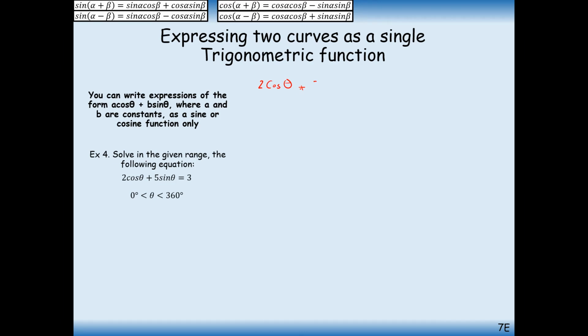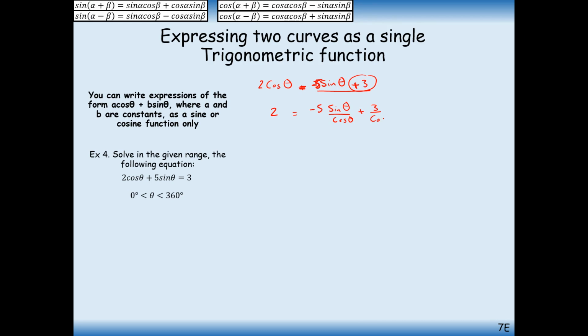So if we took the sine to the other side and wrote minus 5 sine theta plus 3 there, then if we divide by cos, we'll end up with a negative 5 sine theta over cos, and we end up with 3 here.